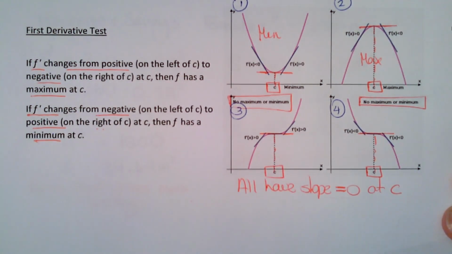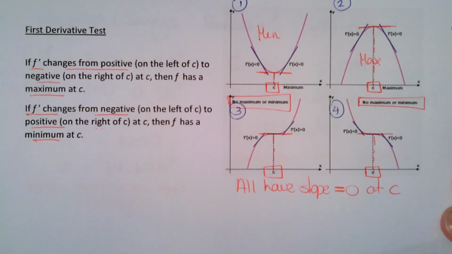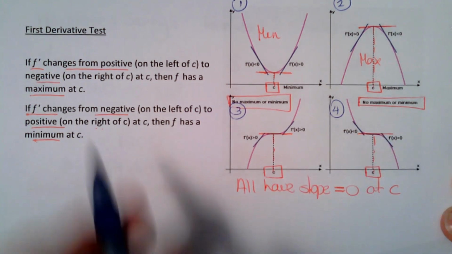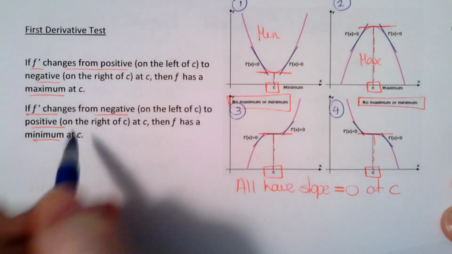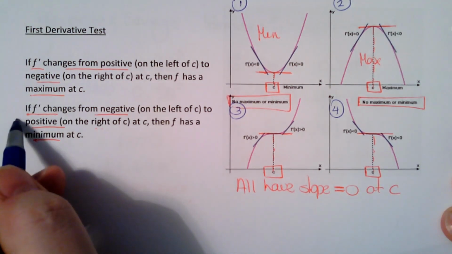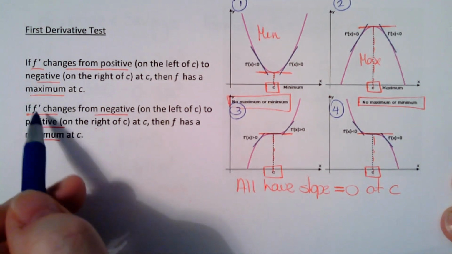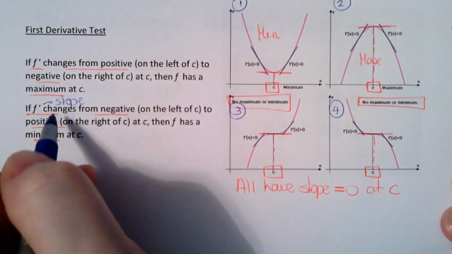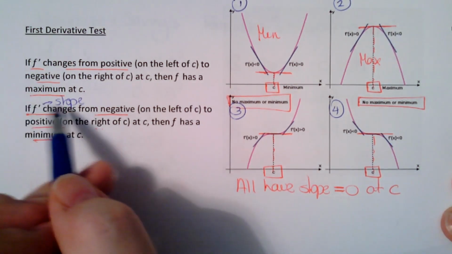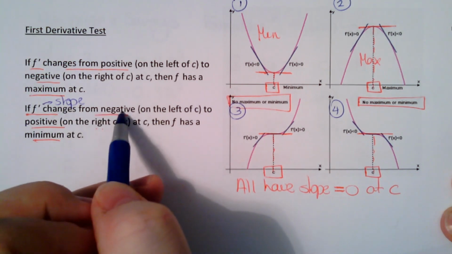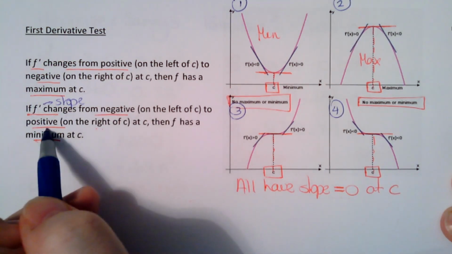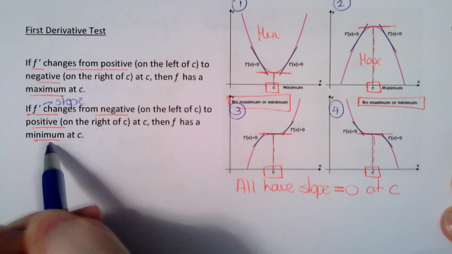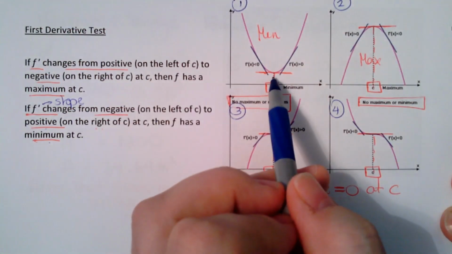So, as usual, the textbook definitions are not as helpful, I feel like, as they should be. So maybe this will help a little bit more. If f prime, remember that just means slope, if the slope changes from negative to positive, you have a minimum. So look at this first example here.